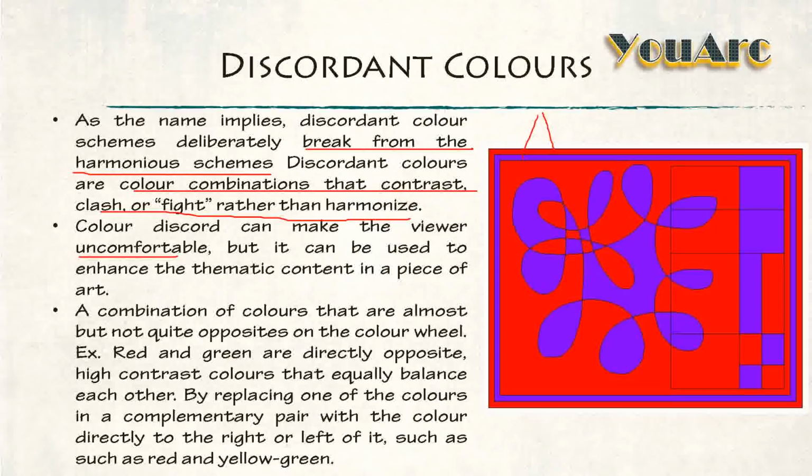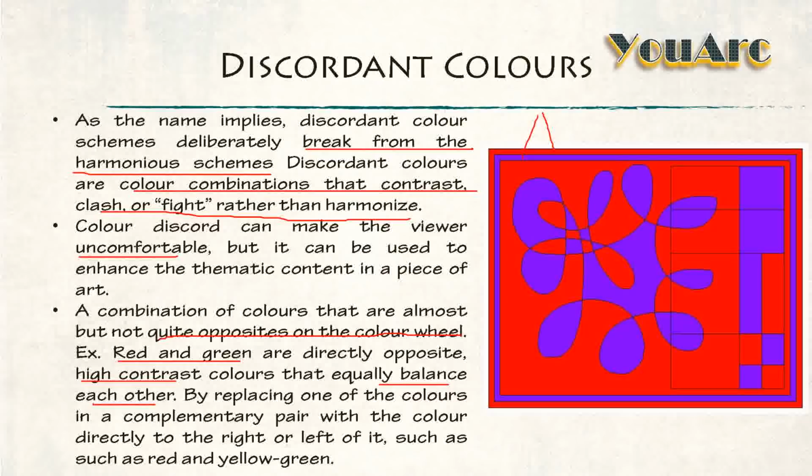It is a color combination that is almost but not quite opposite on the color wheel. They are almost on the opposite edge but not directly opposite. If it is directly opposite, they become complementary. The slight variation will be there. As we know, red and green are direct opposites. They are complementary colors. They give high contrast as well as equally balance each other.